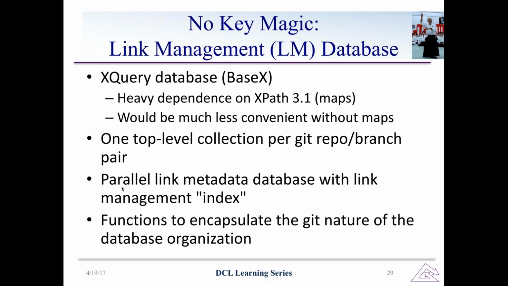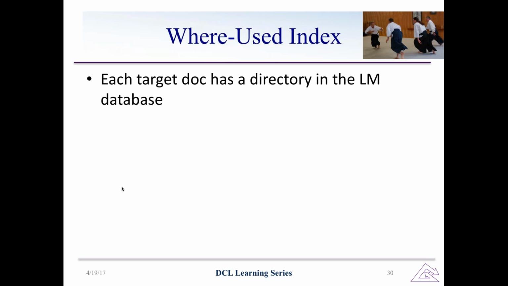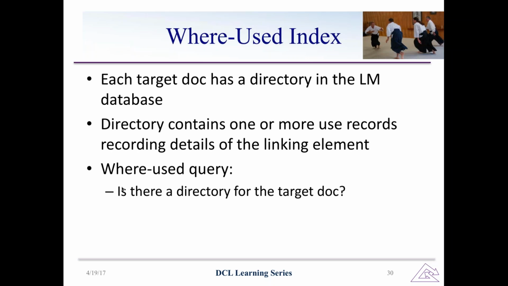I think we're sort of out of time. Basically, the challenge here is how to create a where used index. The way I did that is I create these where used records, which are simply XML documents that capture what points to what. For each document that is pointed to, there's a directory in the where used index.